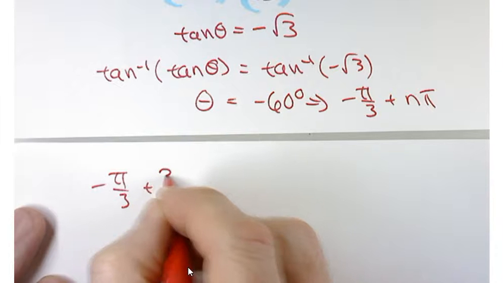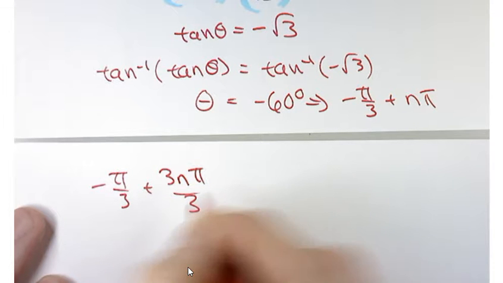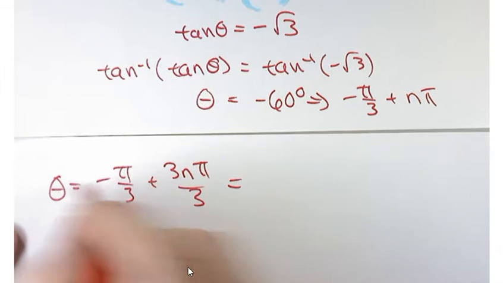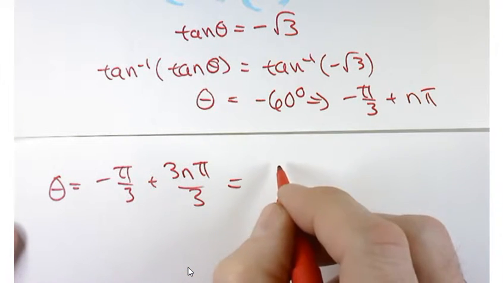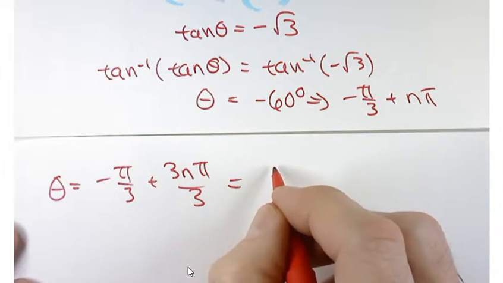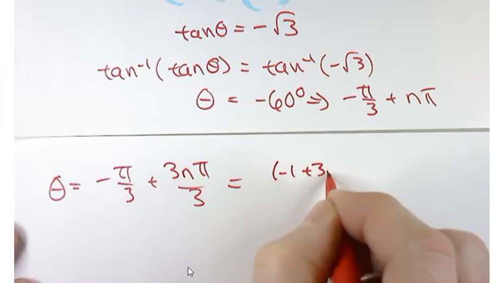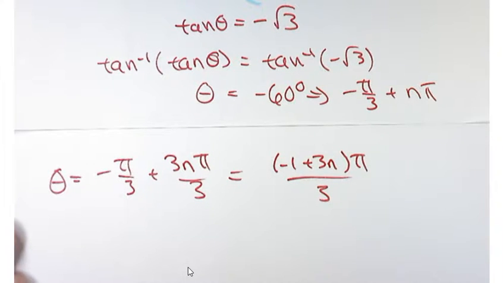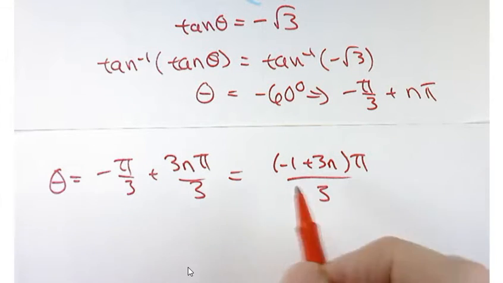So it ends up being 3n pi over 3 for theta. Or better yet, factor out the pi: negative 1 plus 3n, times pi, over 3. And now it's nice and neat. You can get as many solutions as you want. Just plug in different values of n.